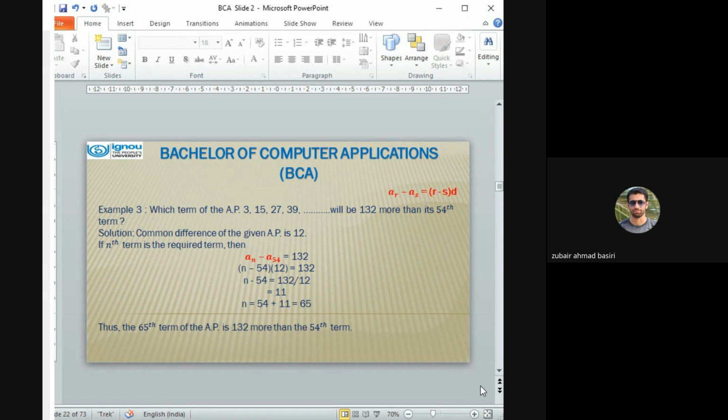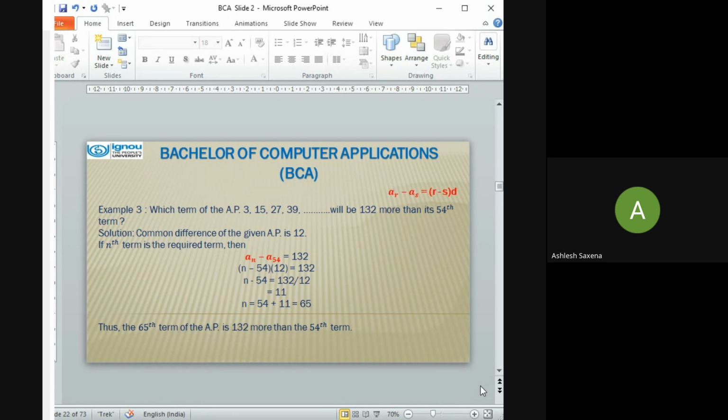So here we don't know n. We have the formula: an minus a54 is equal to 132. Then we are calculating n, and the common difference is 12.